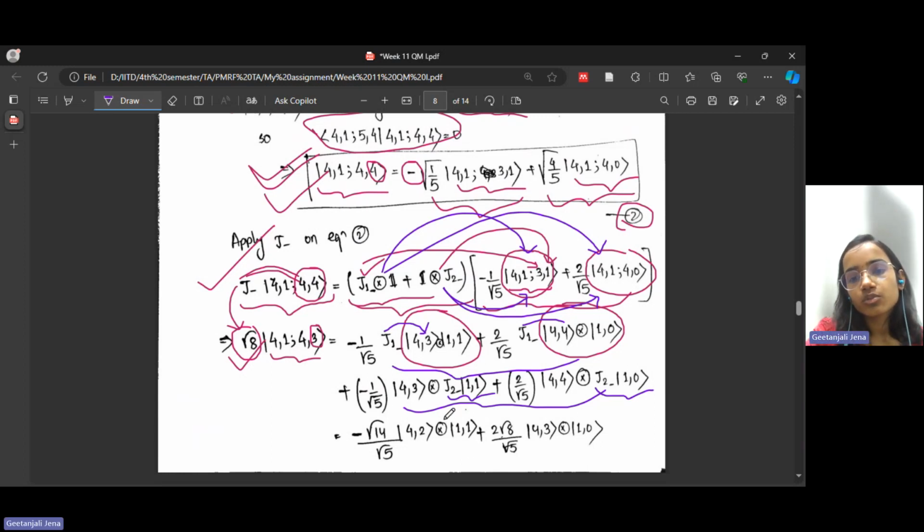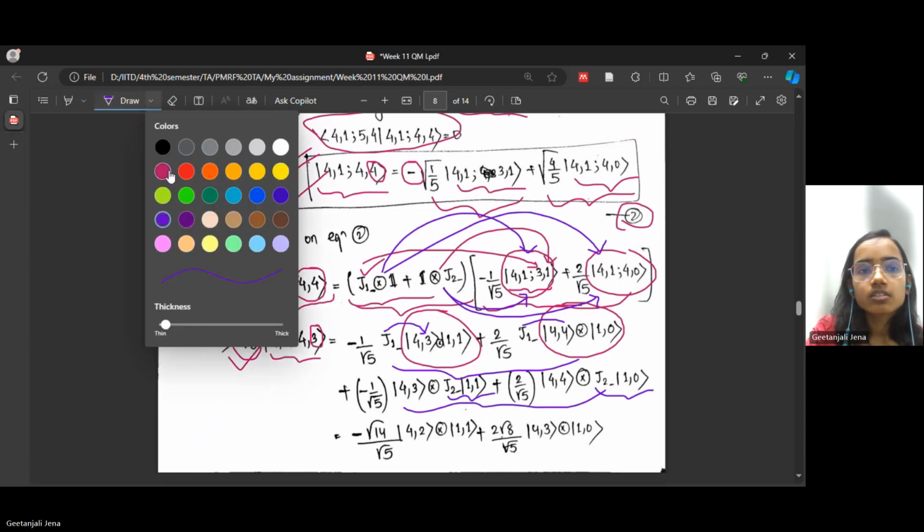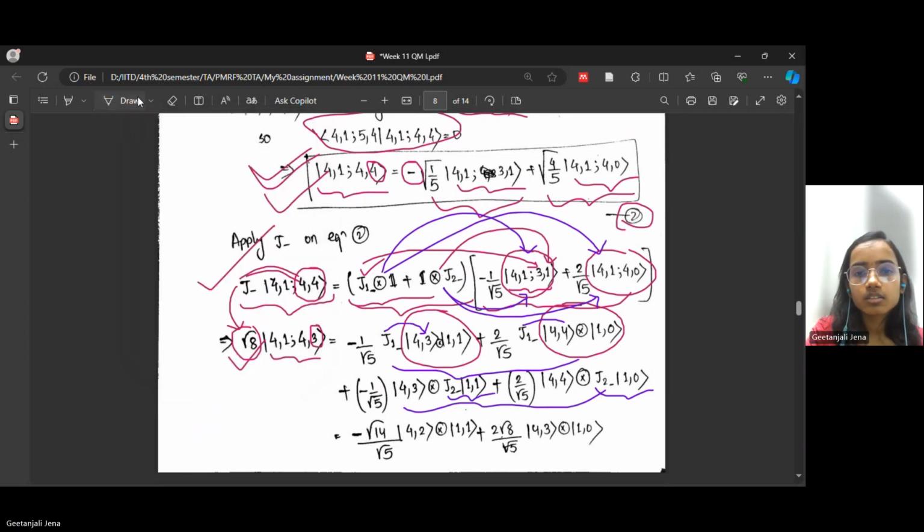So now you have to find out the final expression. You have to find what the value of J1 minus is when it acts on 4, 3, and the expression for J1 minus when it acts on 4, 4, and J2 minus when it acts on 1, 1, and the other one is J2 minus when it acts on 1, 0.